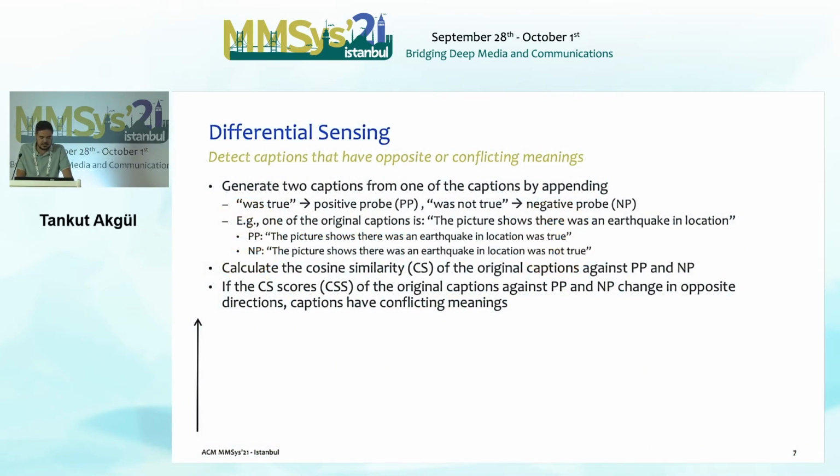Differential sensing is loosely inspired by differential sensing in electronics. In a RAM cell, for instance, you want to determine the charge level of the cell. Instead of checking whether it has a voltage level bigger or less than 2.5 volts, just looking at an absolute threshold, you have two bit lines that are oppositely charged, and you expose the RAM cell to these bit lines.